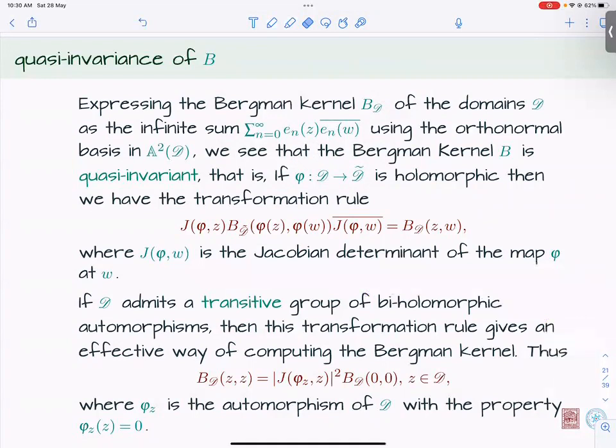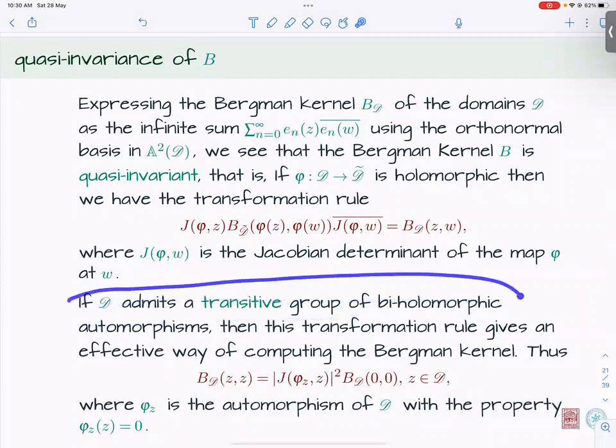So whenever a domain has such a group of biholomorphic automorphisms, it is said to be admitting a transitive group of biholomorphic automorphisms. So suppose D admits a transitive group of biholomorphic automorphisms.